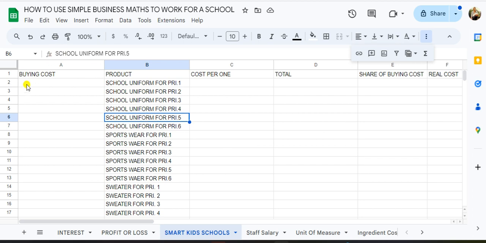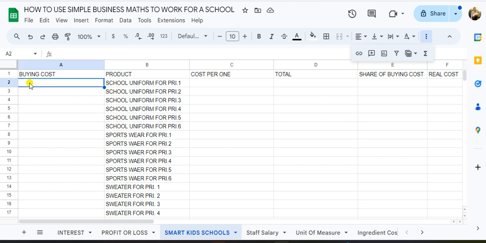Okay. So the buying cost. What is the buying cost? Let's say all the school wears, they gave to one textile company to produce. So let us start. Primary 1, their money will usually be lesser than those in primary 2.